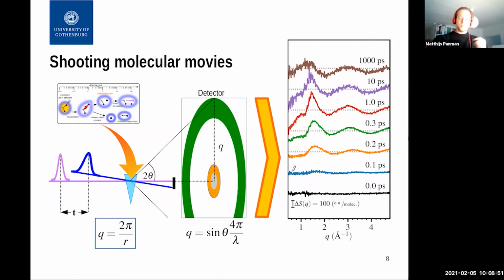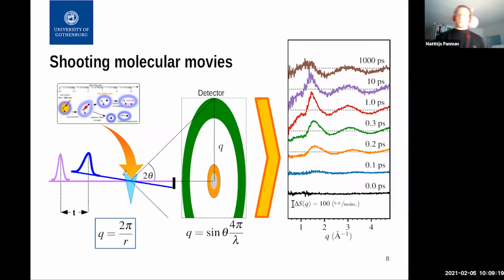We have performed this experiment in a manner analogous to pump-probe spectroscopy, the kind of experiments most people here should be familiar with. So what we do is we excite the system with a UV pulse, and then we monitor the structural changes with scattered X-ray pulses from an X-FEL source.